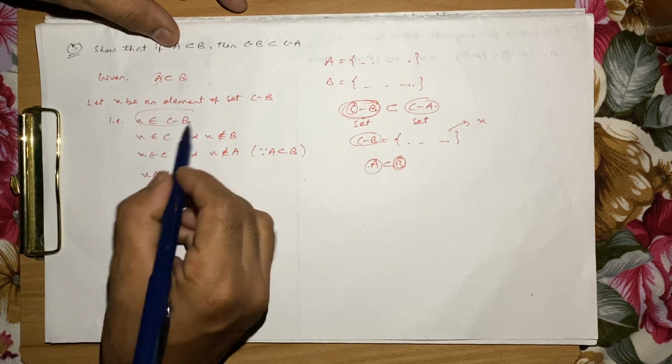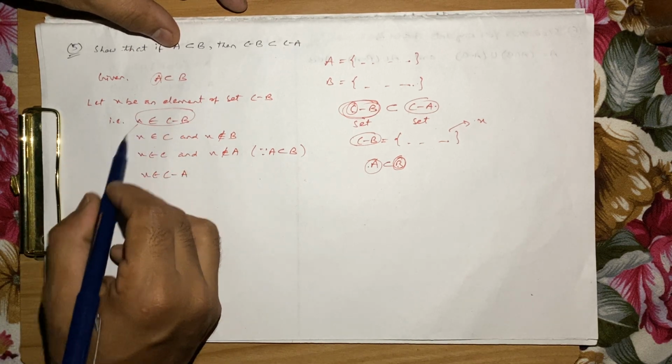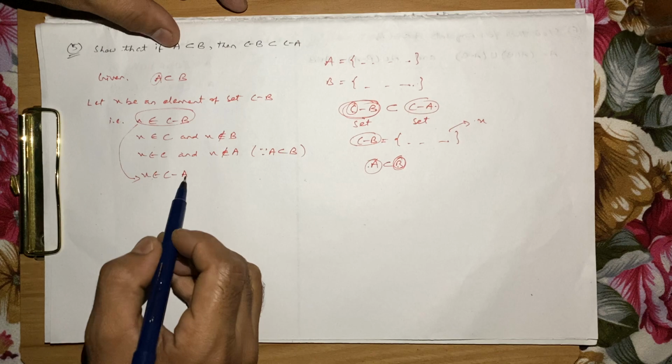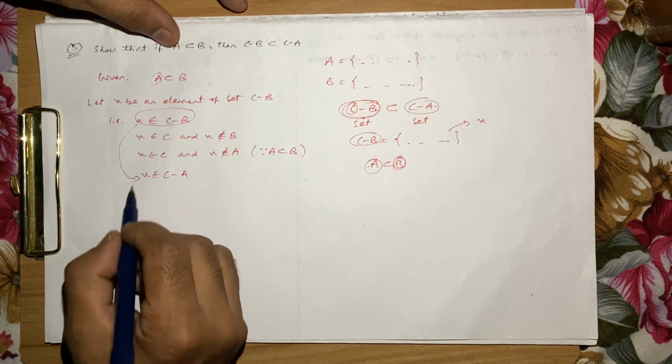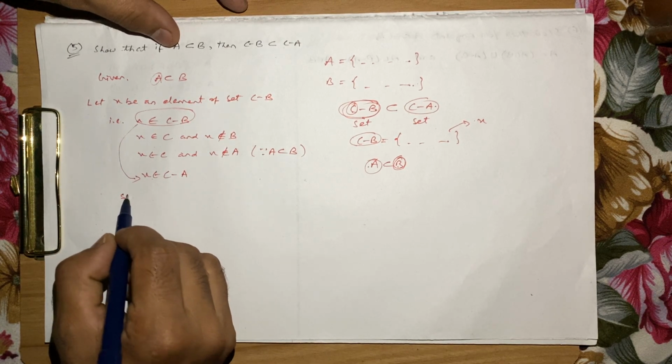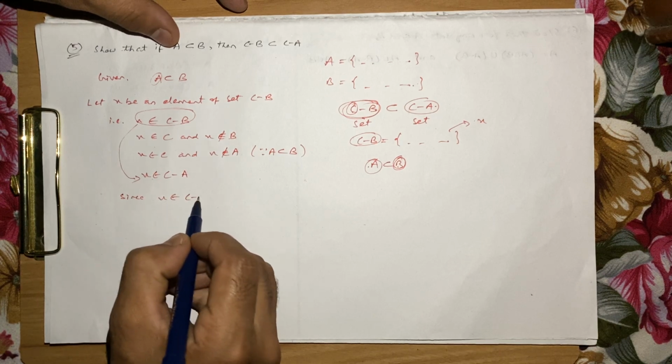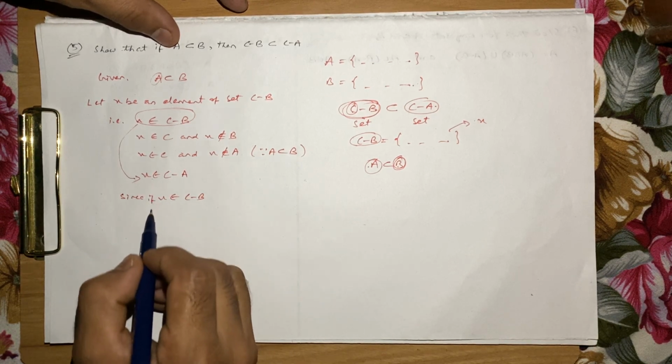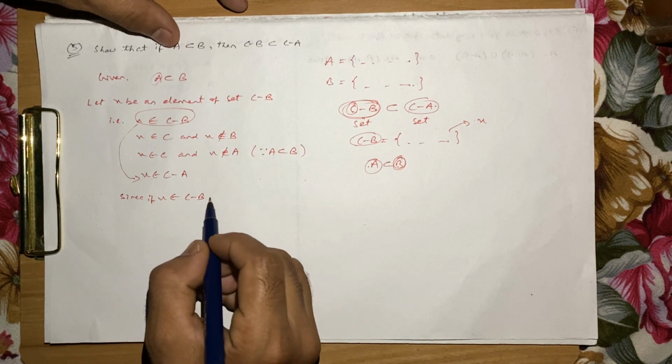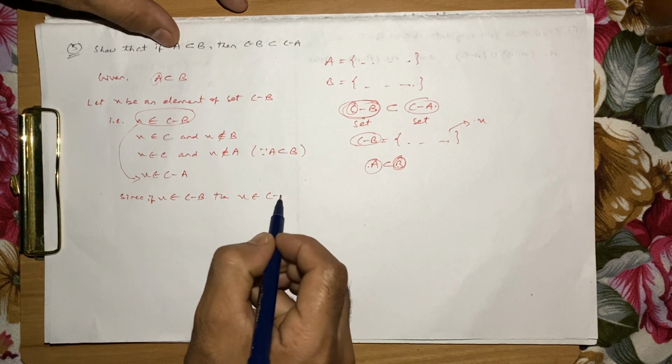So you started from X belongs to C minus B, and you have shown that X belongs to C minus A also. So what can I say? Since X belongs to C minus B, if X belongs to C minus B, then X belongs to C minus A also.